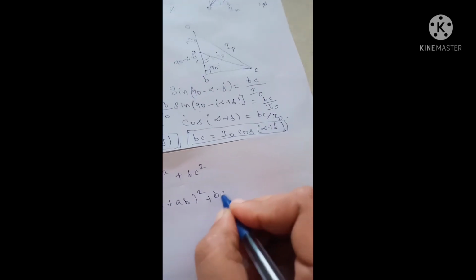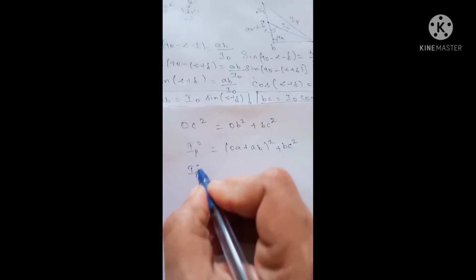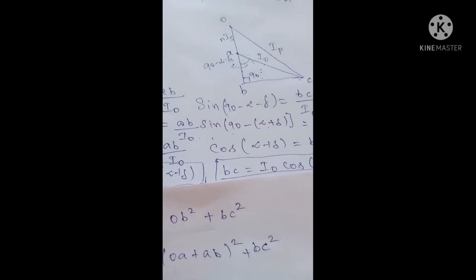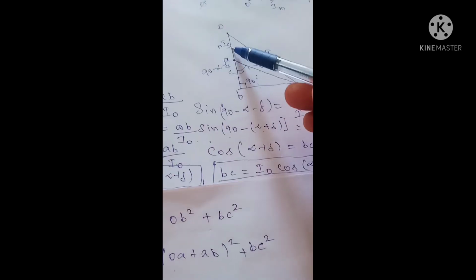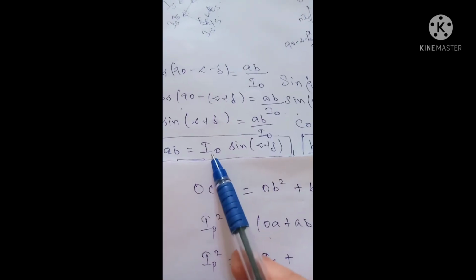BC square is nothing but BC square. So here Ip square is equal to OA square. What is OA? Look at our diagram. OA is nothing but nIs. So nIs plus AB square. What is AB? We have derived AB is equal to I naught sine of alpha plus delta.